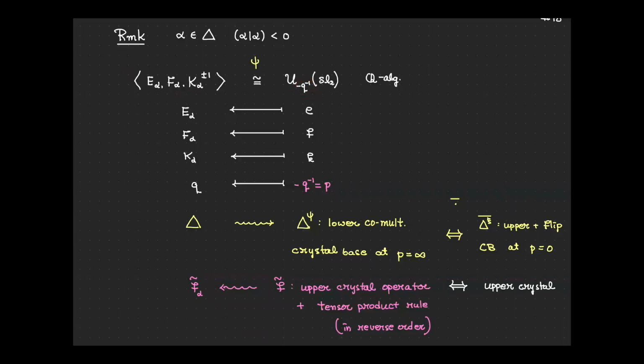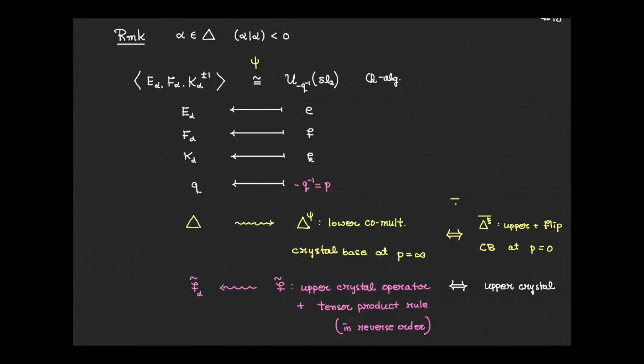So the isomorphism is given by E to E, F to F, K to K, but q is replaced by minus q inverse. If we want to think about the crystal at q equals 0 on the left-hand side, it corresponds to the crystal at the parameter p equals infinity.